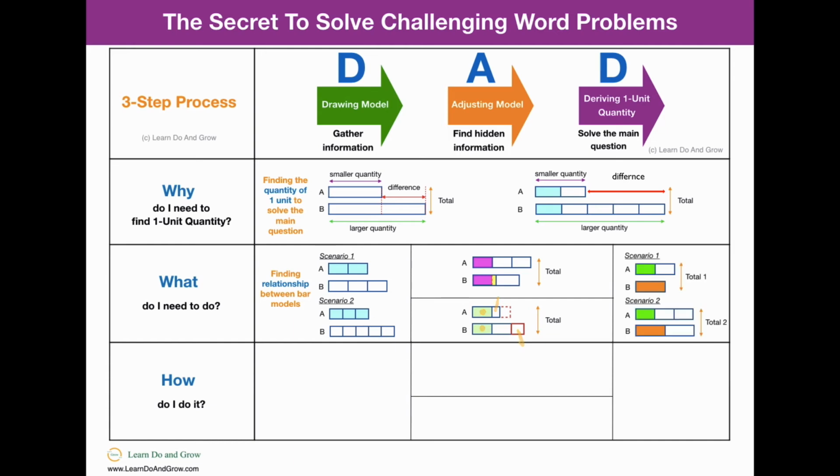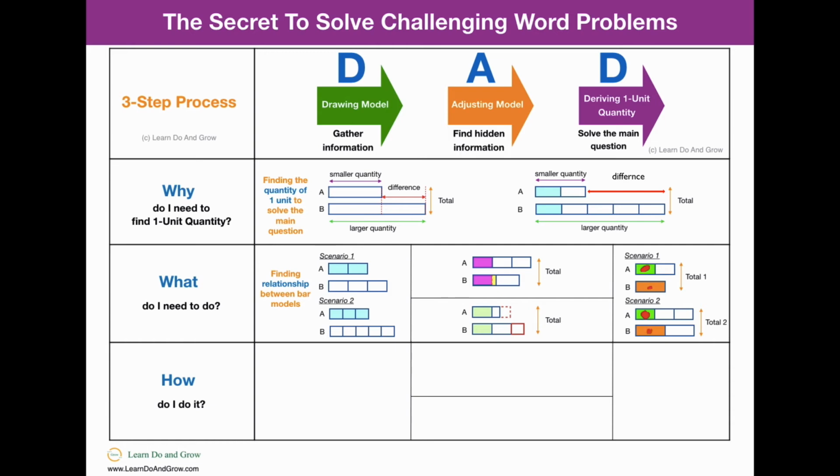And the next one is normally a bit difficult for students to solve because it's not so straightforward. Here, we need to answer the same question: what is the relationship between the bar models? If you notice, the unit of A and the unit of A over here are the same.